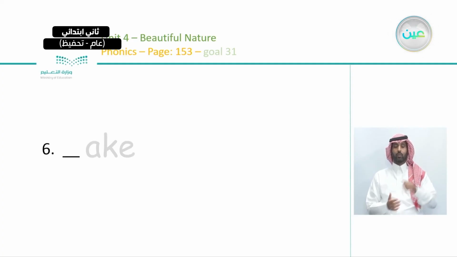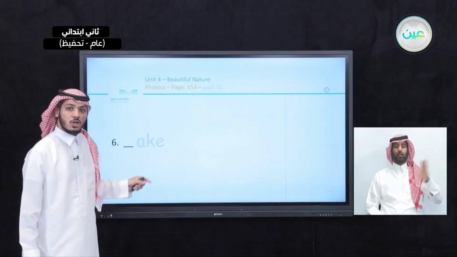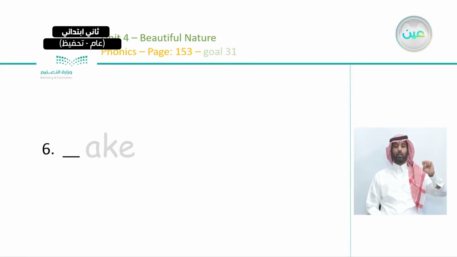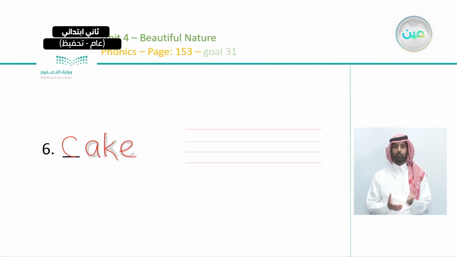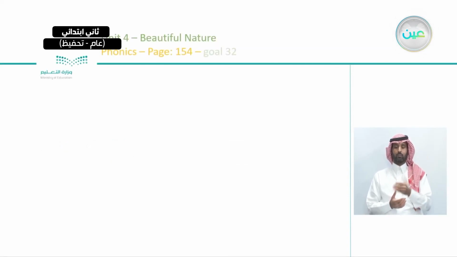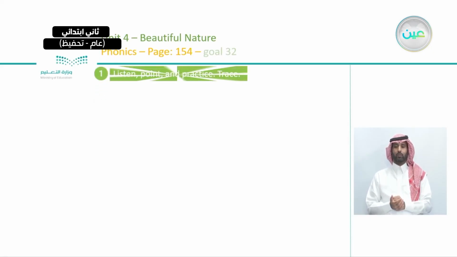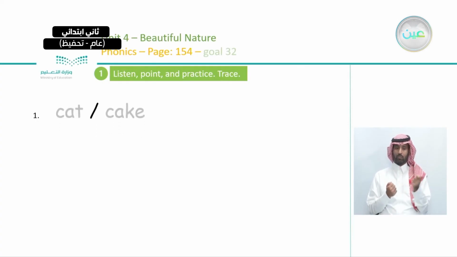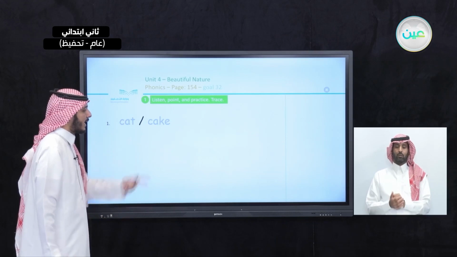Okay. Number 6, cake. C or G? C. Why? Because it's cake. Excellent. So cake. Okay. Then you can write it down there. Okay. Now on page 154, listen, point, and practice, trace. Okay, number 1, we have cat, cake. You can trace. So we have cat, cake.